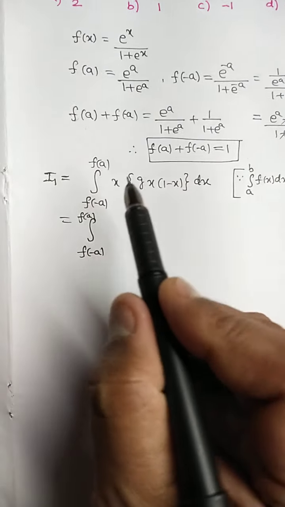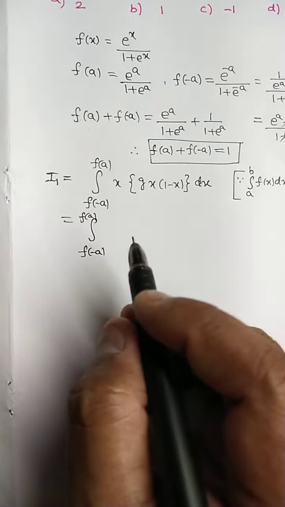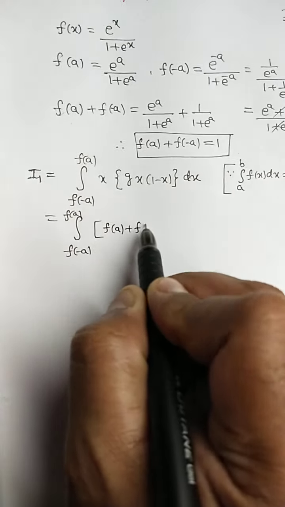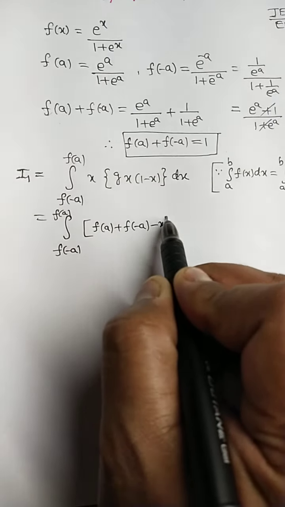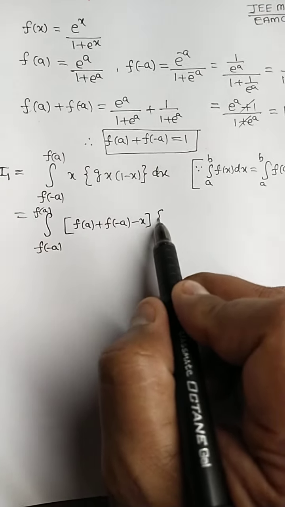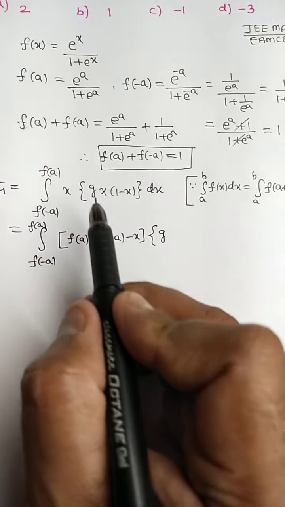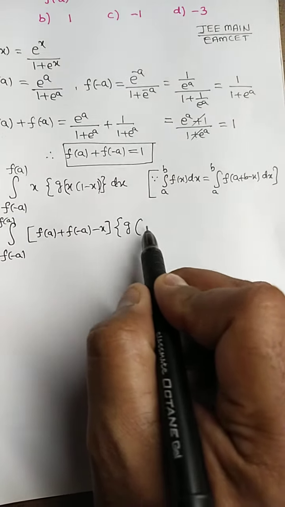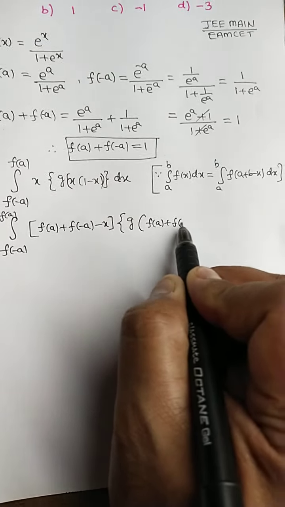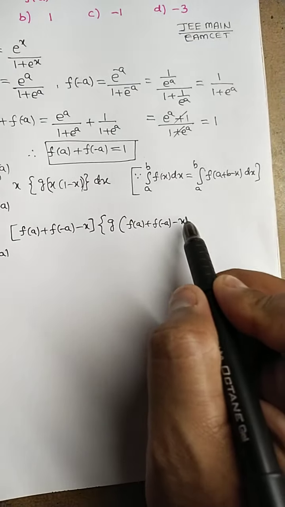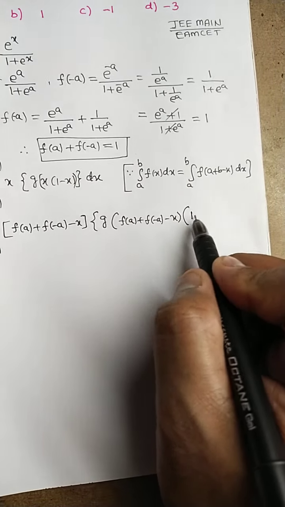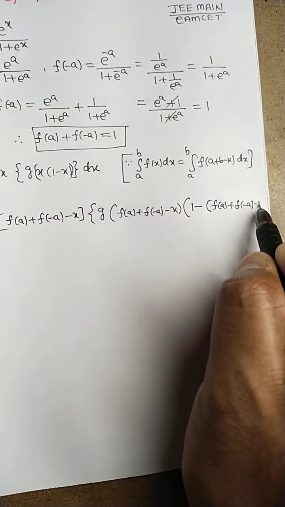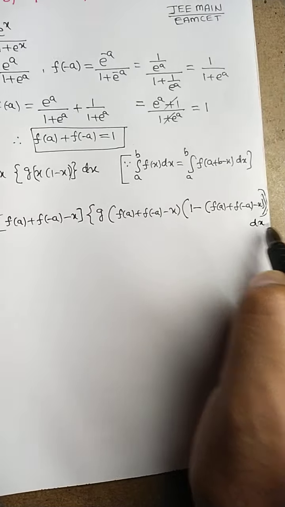So wherever x is there, a plus b minus x, that means upper limit plus lower limit, f of a plus f of minus a minus x, into g of, wherever x is there again you have to write f of a plus f of minus a minus x, into 1 minus, keep bracket, f of a plus f of minus a minus x, into dx.